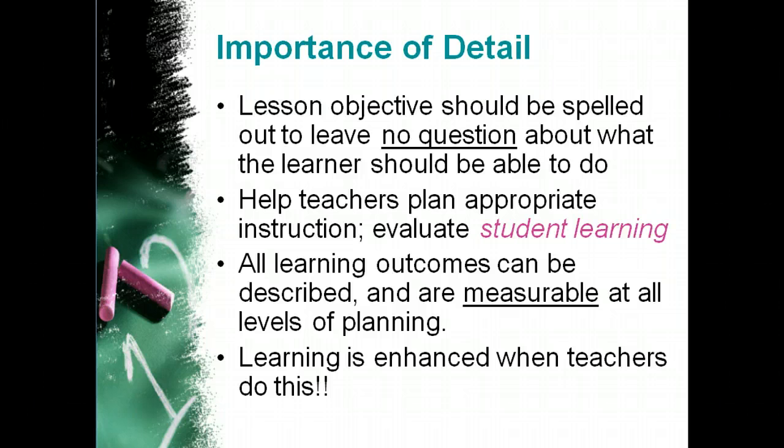All learning outcomes can be described and are measurable at all levels of planning. We need to be able to observe every lesson objective that you have. Understanding is not something we can observe. Knowledge is not something we can observe. You've got to describe a behavior in your lesson objectives. Learning is enhanced when teachers make detailed objectives.